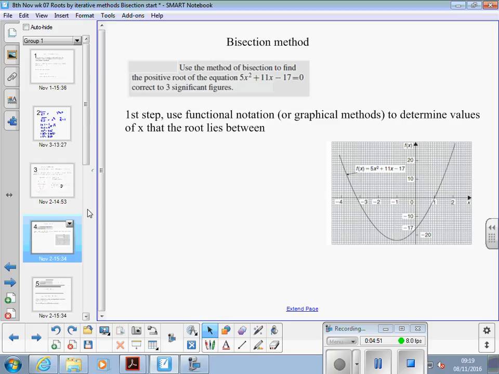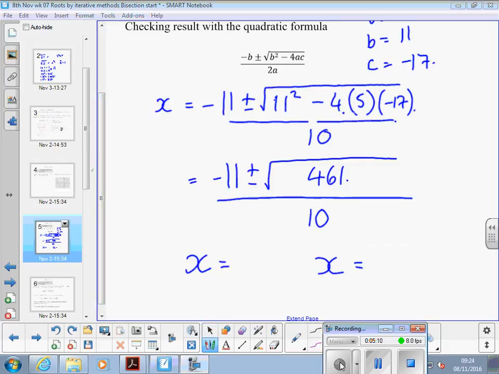First of all, though, use the quadratic formula to find the roots of that function, so we kind of know where we're headed. Using the quadratic formula, what are the two roots for that equation? 1.047.